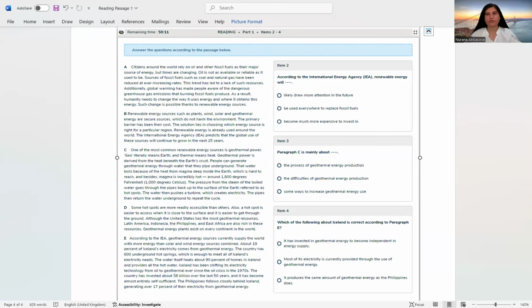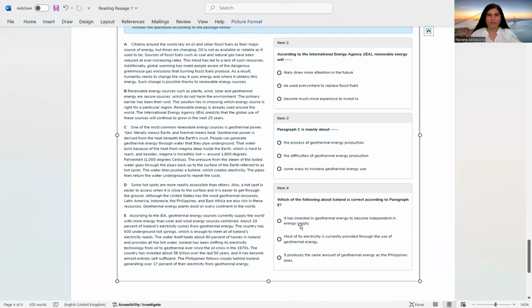If you have "according to," it means that you have a detailed question according to the text. But item 3, paragraph C is mainly about, means that it is a main idea question. And item 4, which of the following about Iceland is correct according to paragraph, again a detailed question, according to.